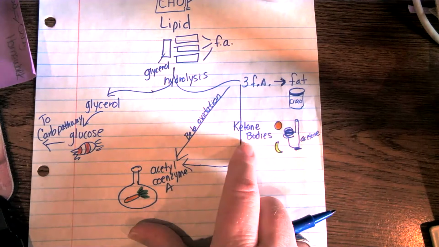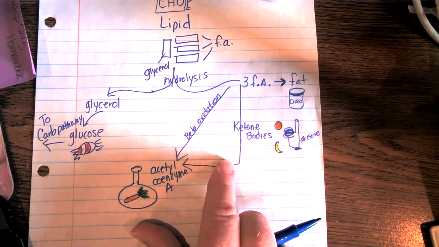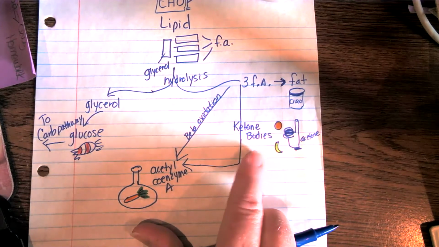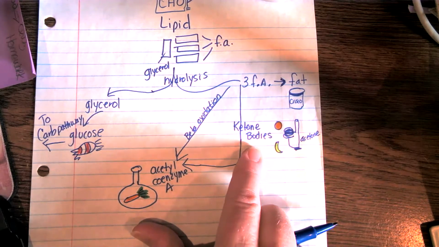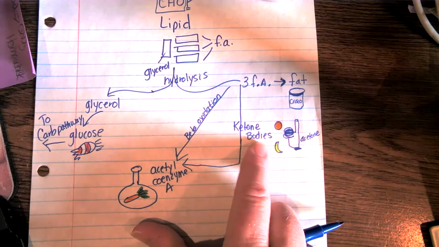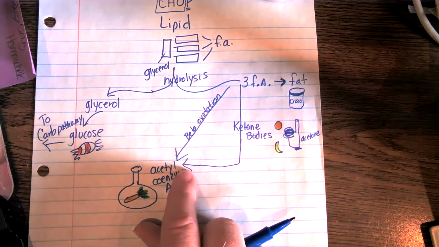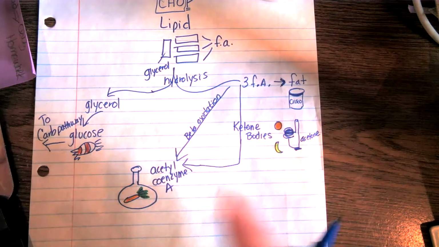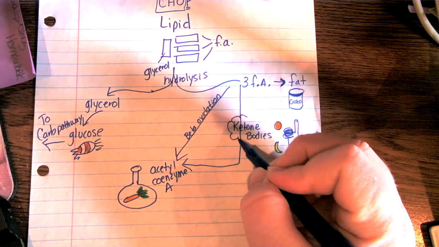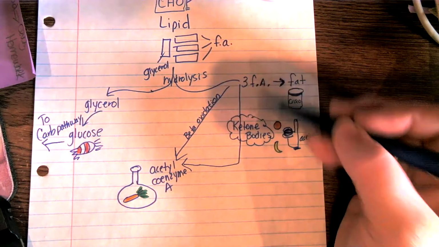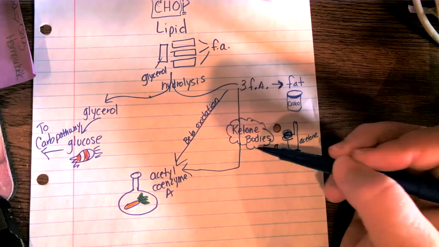Excess acetyl coenzyme A can be converted into compounds called ketone bodies. One of those ketone bodies, such as the chemical acetone, may be later changed back to acetyl coenzyme A.